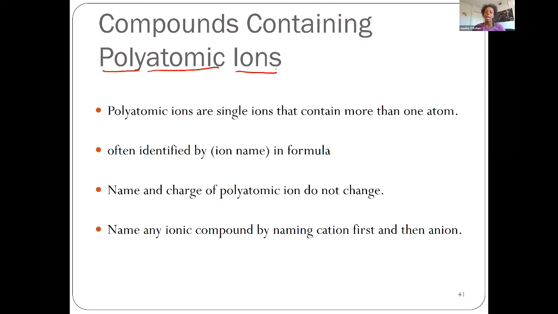When we're naming them, we incorporate them as either the anion portion of your naming system, or in one specific case as the cation portion. But everything else remains the same, how we go about assigning charges and crossing down accordingly. We still name the cation first, followed by the anion.